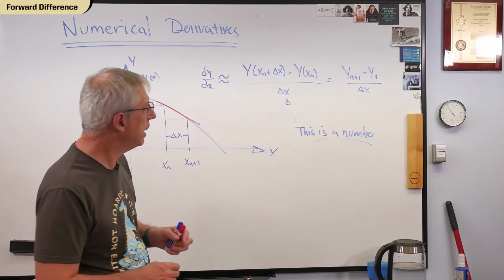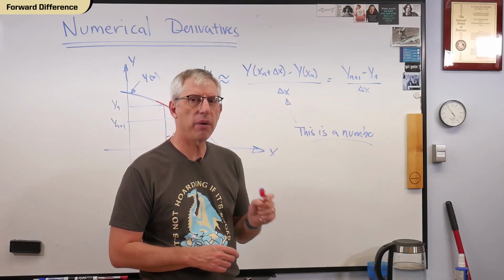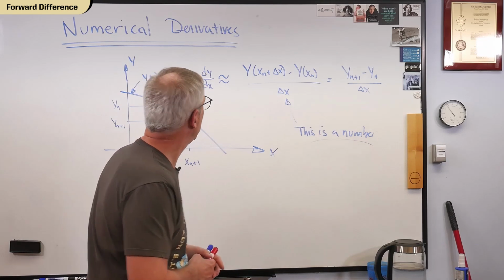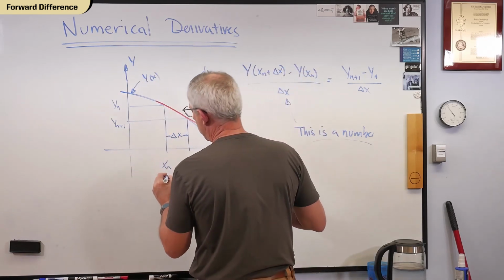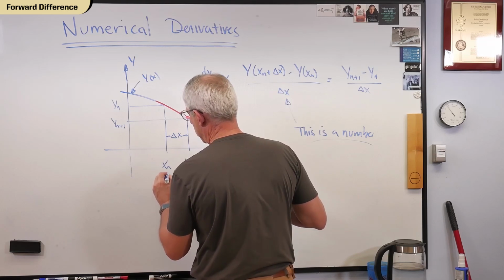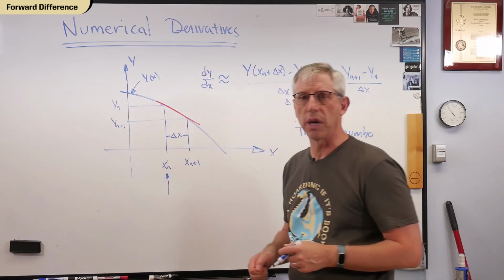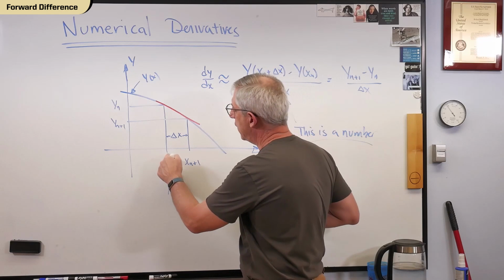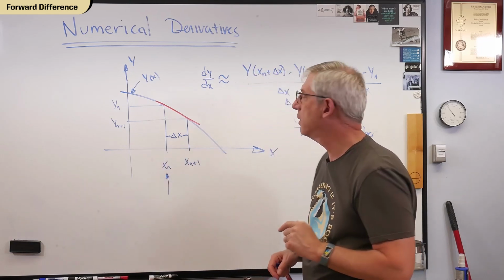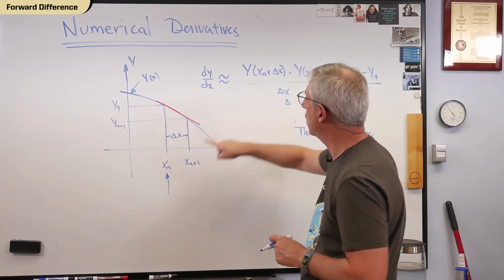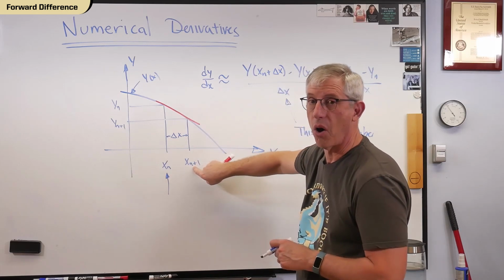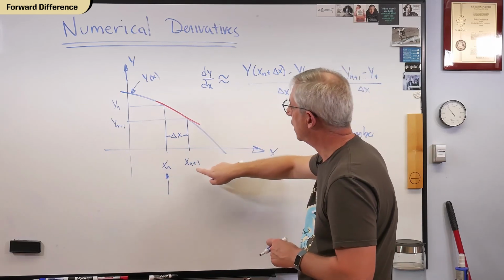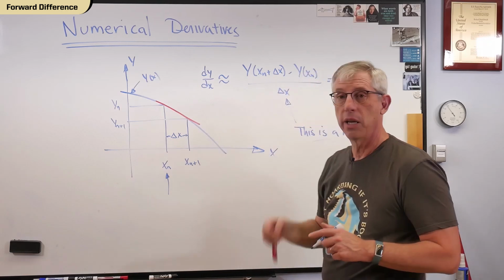Now, let's get into the details a little bit of how exactly we're going to do this. The way I did this, I assumed we were right here, maybe stepping forward in space or stepping forward in time, and trying to figure out where that is. So I looked forward from where I am to where I want to go, to the next step, and I'm using that to define the derivative.